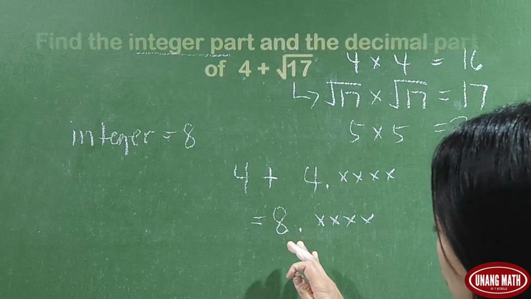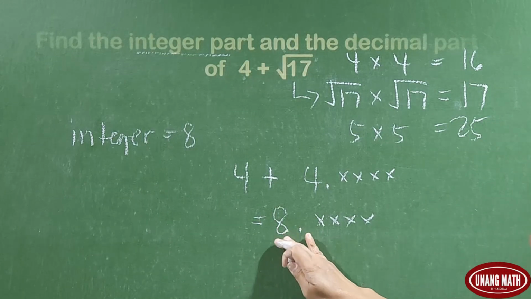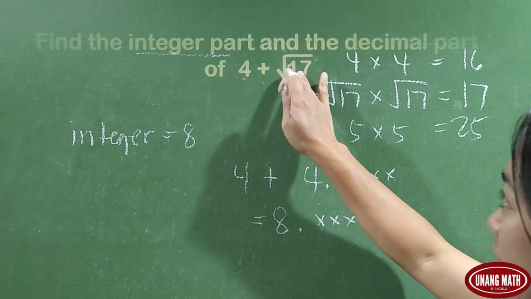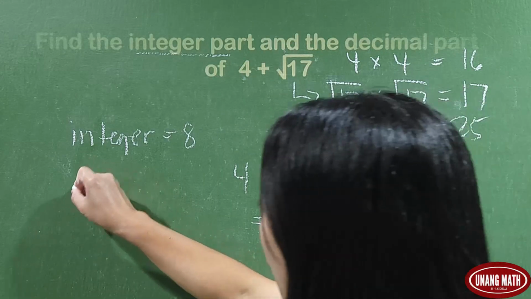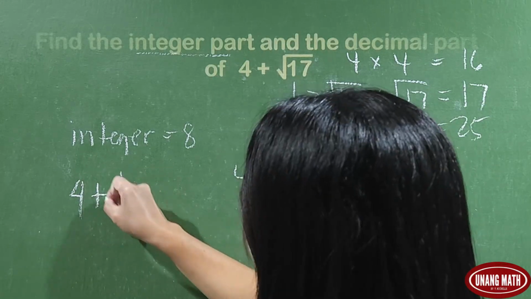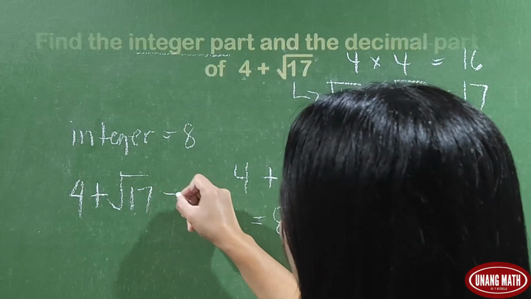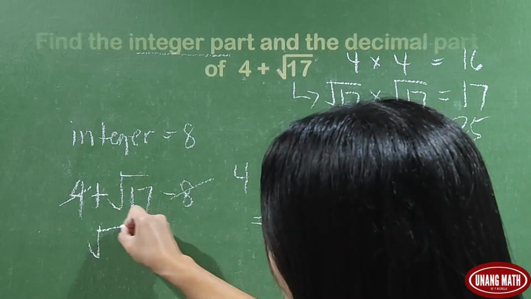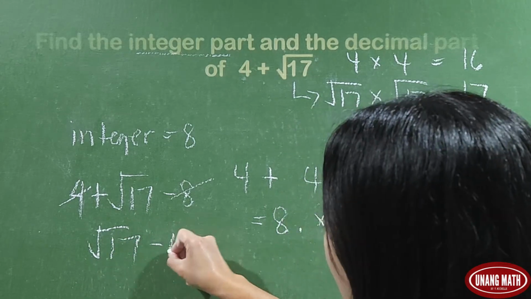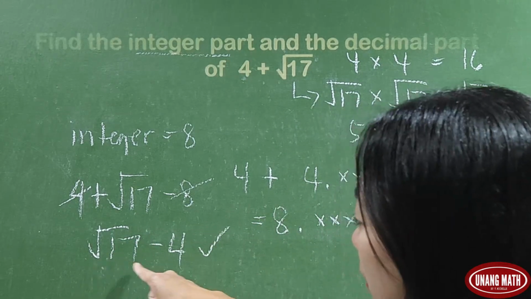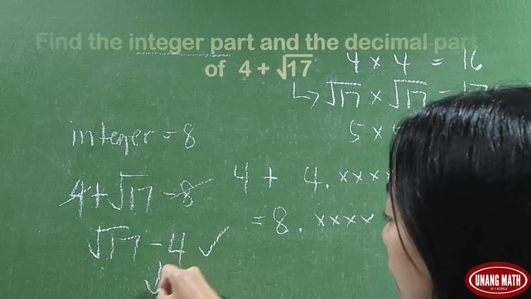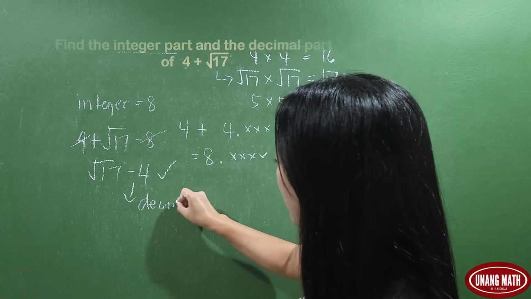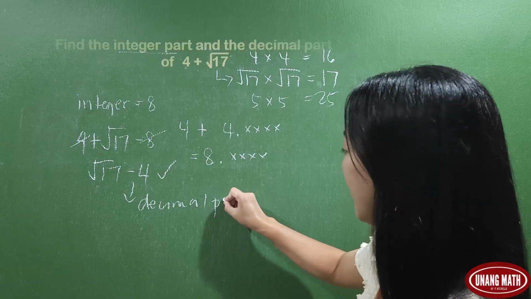We are going to subtract this integer part from the original number. So 4 plus square root of 17, we have here minus 8. So this is now equal to square root of 17 minus 4. So square root of 17 minus 4 is our decimal part.